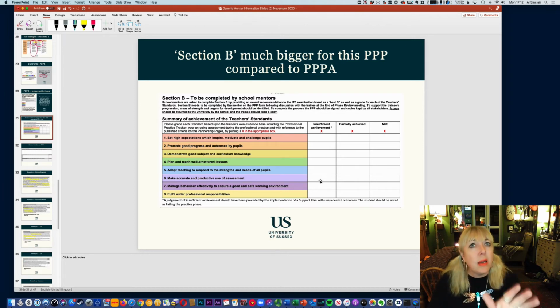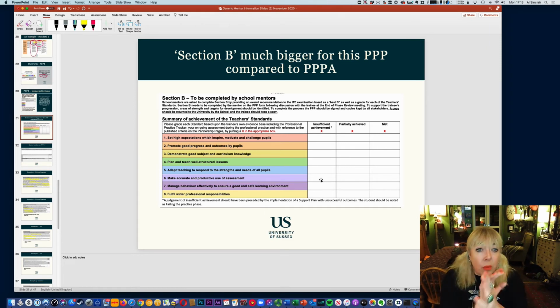But that would highlight to us, I'm going to be honest, that there's a real problem there. So please be mindful with that particular column. We're looking at somebody that really needs a support plan. If they have insufficient achievement with any of these standards so far, an alarm bell is going to go off for us. So we're going to want a support plan if you fill in those bits.